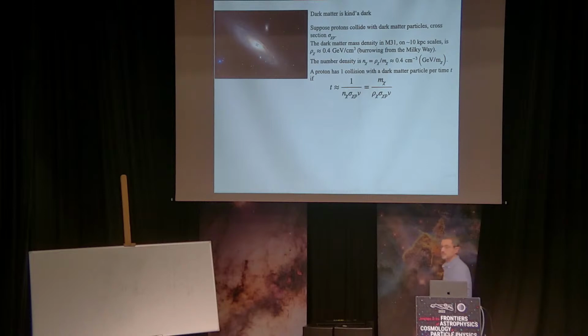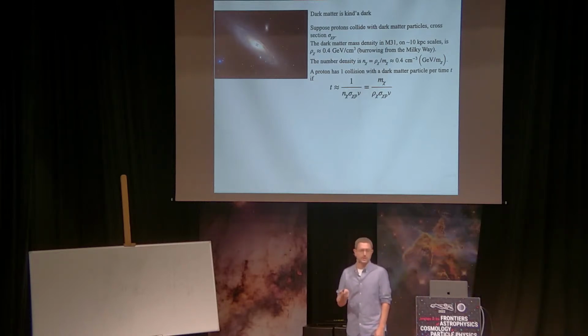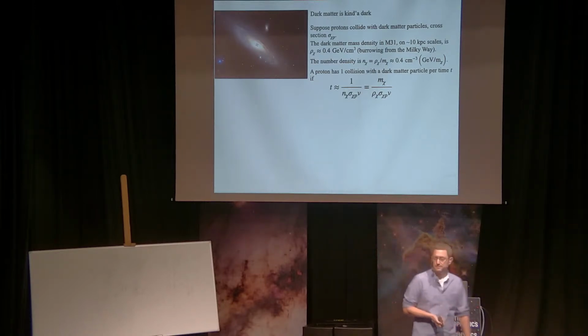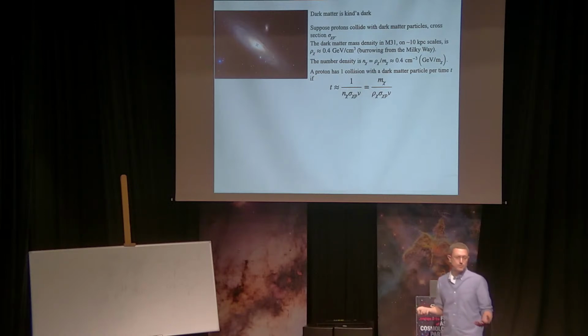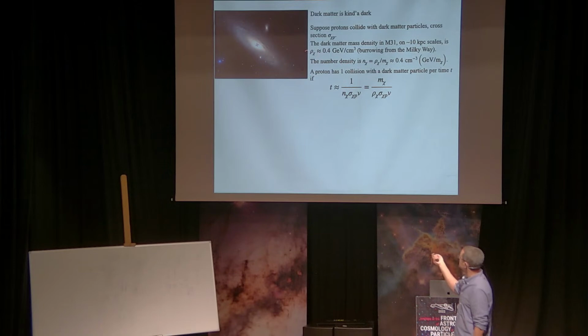Okay, so let's estimate. Can dark matter really interact with protons, and to what extent? Suppose the dark matter particles can collide with protons with this cross-section. Now we know, observationally, if we believe our analysis of rotation curves, the mass density of dark matter. That's the one thing we think we know to a reasonable extent. I'm not going to care about factors of 2 in this exercise.